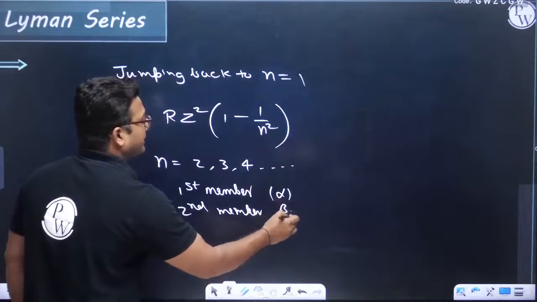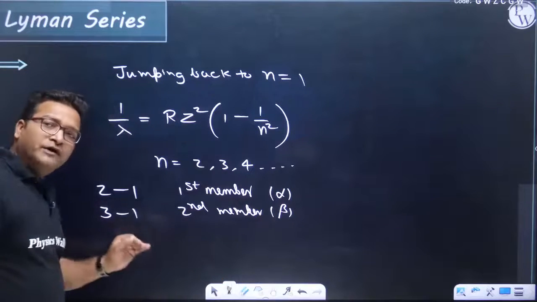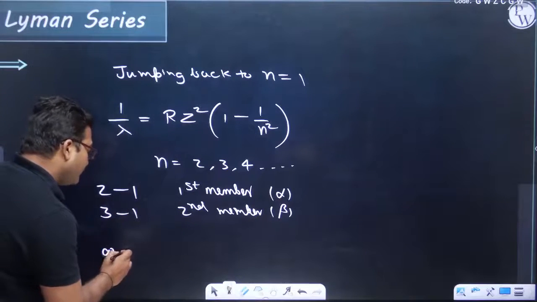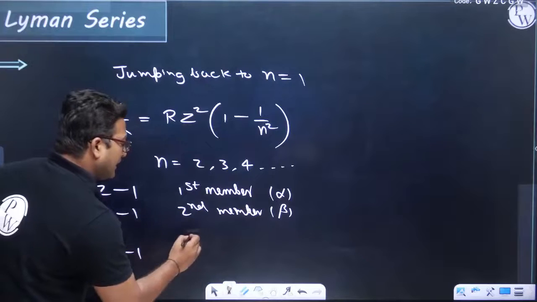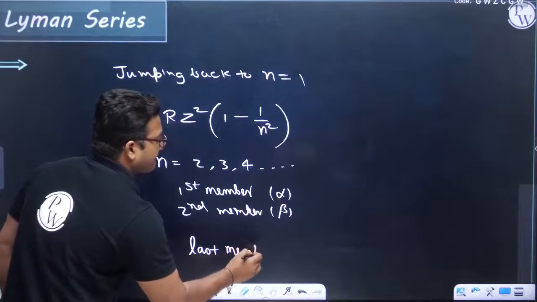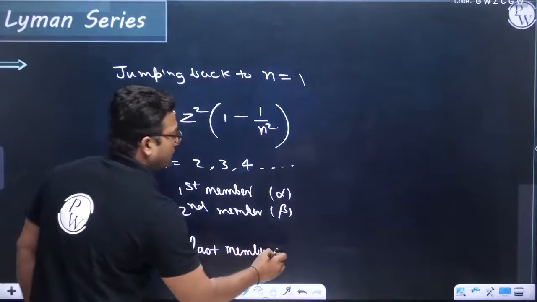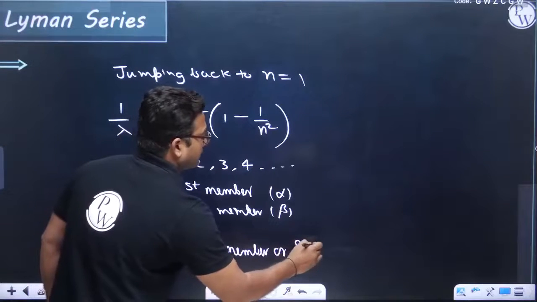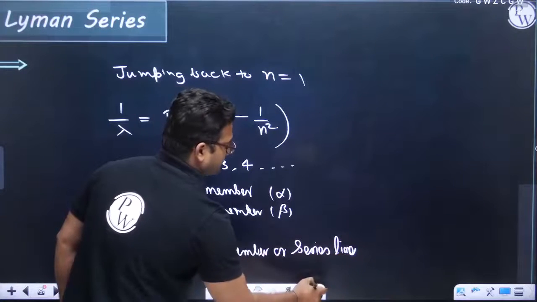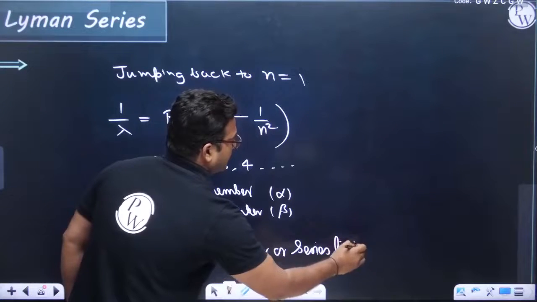This is called beta line. The 4 to 1 is called gamma line or third member. And if it jumps from infinity to 1, it is called the last member, or series limit. Remember, this is very important. Series limit.